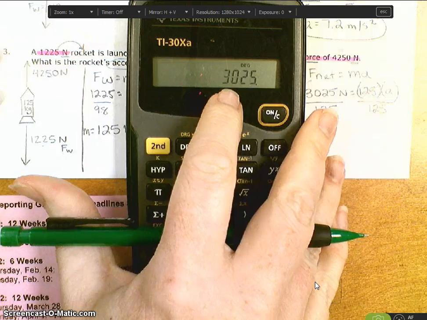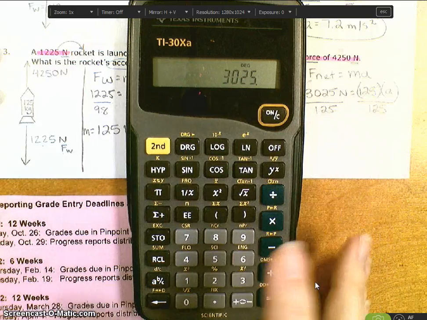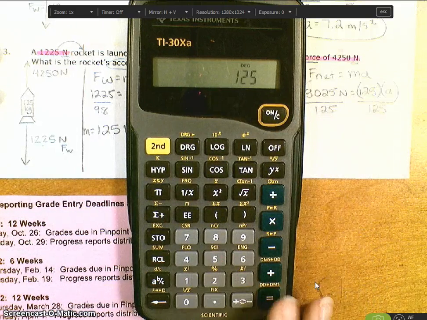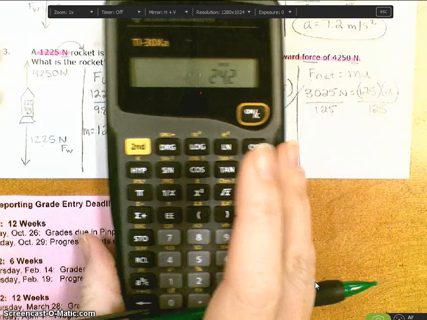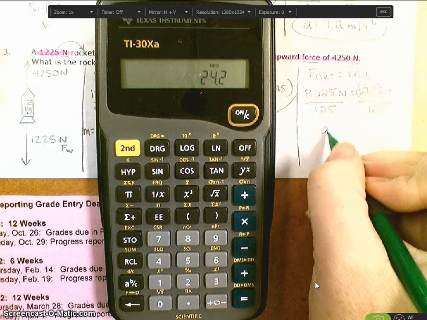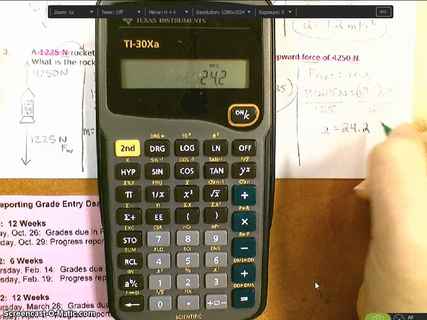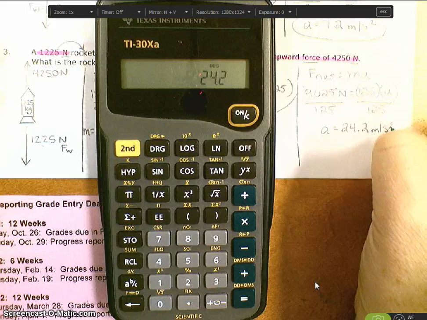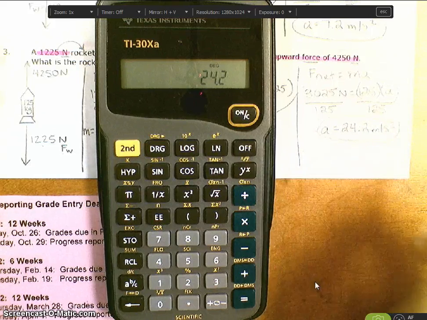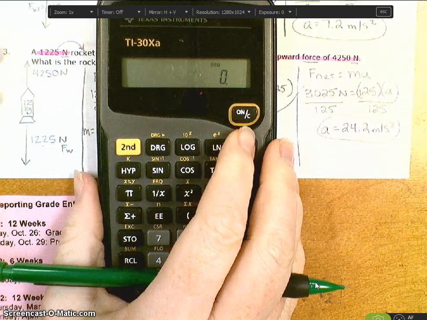So I've got 3025 divided by 125. I end up with an answer of acceleration is 24.2 meters per second squared. That's the last problem.